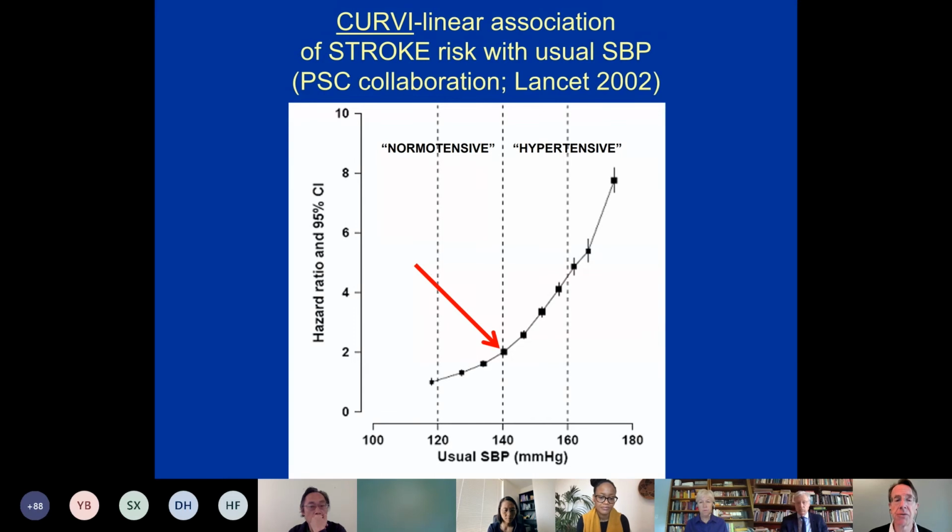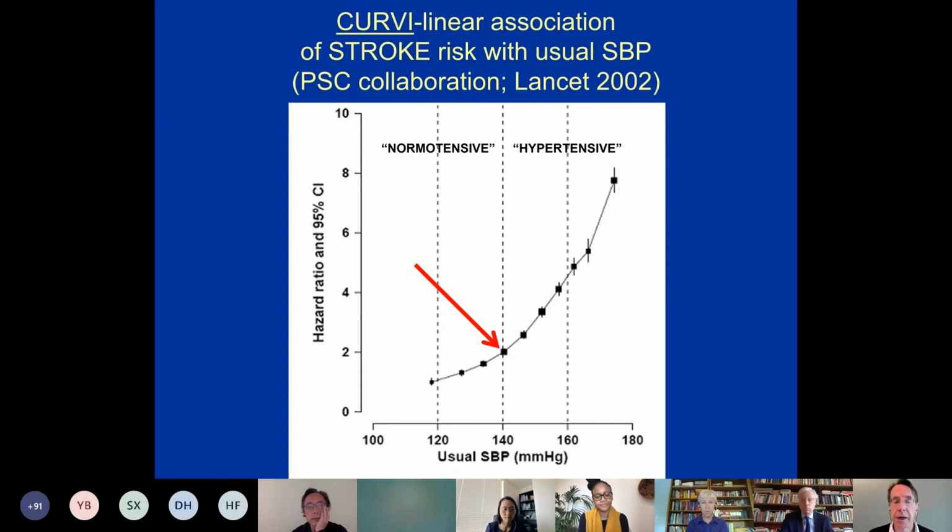If one looks at this curve, which comes from the Prospective Studies Collaboration meta-analysis, now led by Sarah Lewington in the department, a publication from the Lancet 2002, what one sees is a curvilinear association where I think the interpretation is that it's pretty flat up to a systolic of about 140, but then the curve takes off. At that point, increasing blood pressure appears to be strongly associated with an increase in the risk of stroke or coronary artery disease. And so this cut point of 140 appears to be where the line takes off.